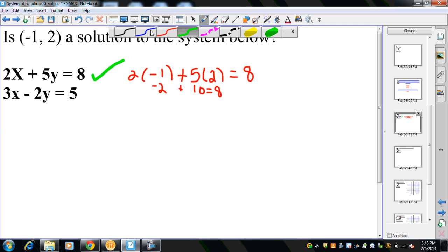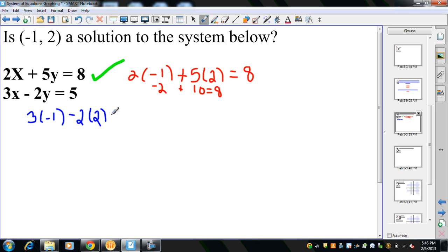Now let's try it with the other one. We have 3x minus 2y equals 5. We're going to use -1 for x, so it's going to be 3 times -1 minus 2 times my y of 2.